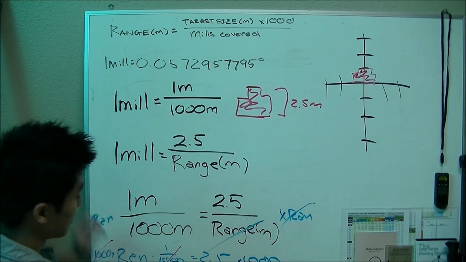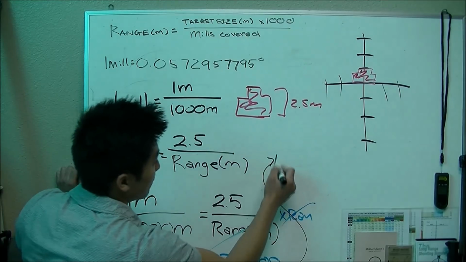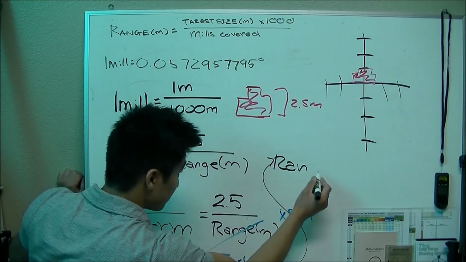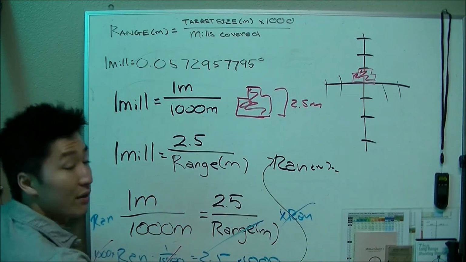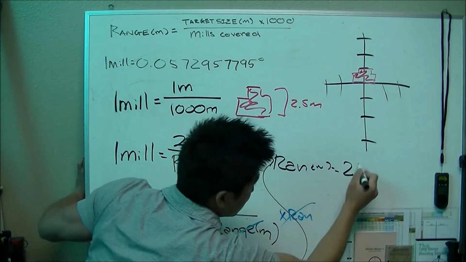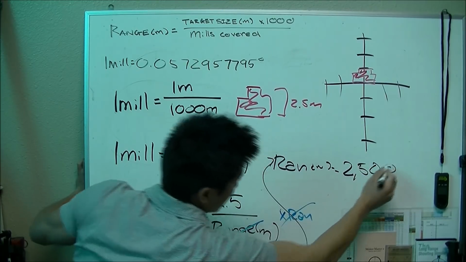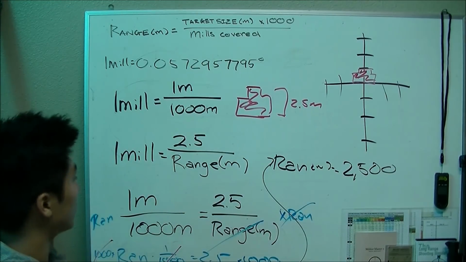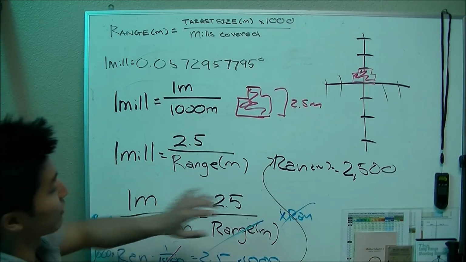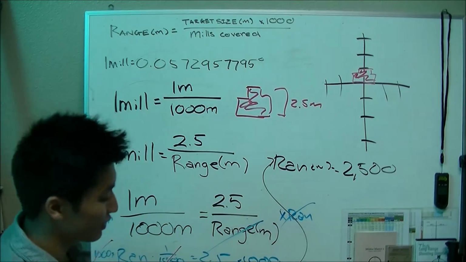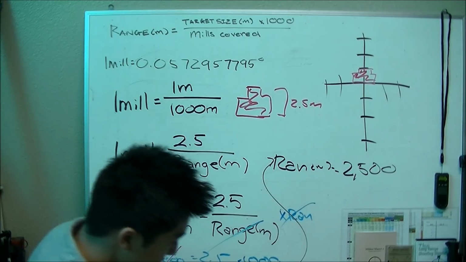Our range in meters is going to be 2.5 times 1,000, which is going to be 2,500 meters. Like, wow, you know, there we go. So we have a relationship of our mils, and our range is going to be 2,500 meters. Okay.